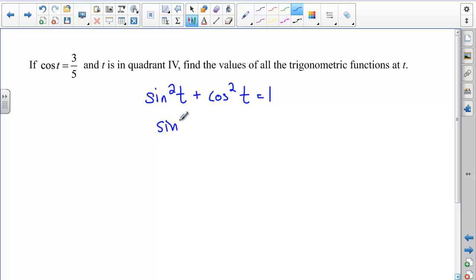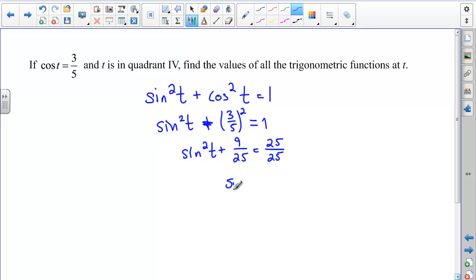I'm going to say the sine squared of t plus 3/5 squared equals 1. 3/5 squared is going to be 9/25, so sine squared t plus 9/25 equals, I'm going to make this 25/25, because now when I subtract 9/25, I get the sine squared of t equals 16/25.